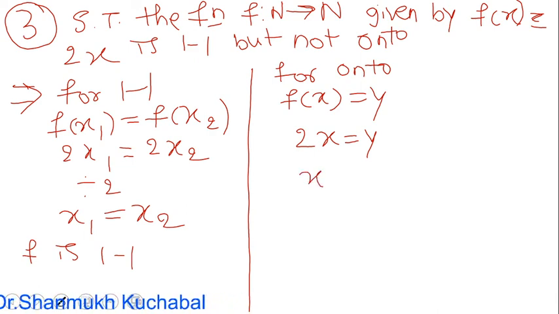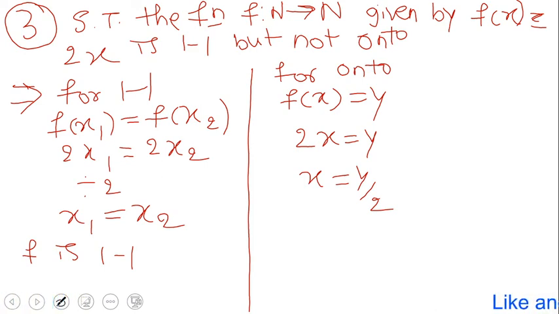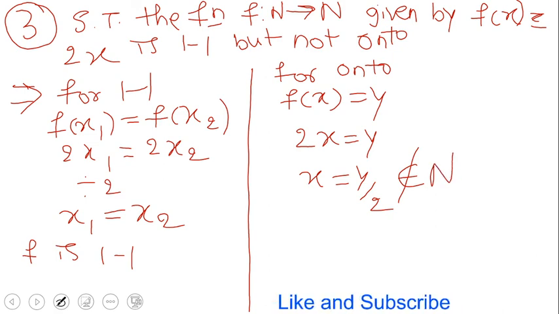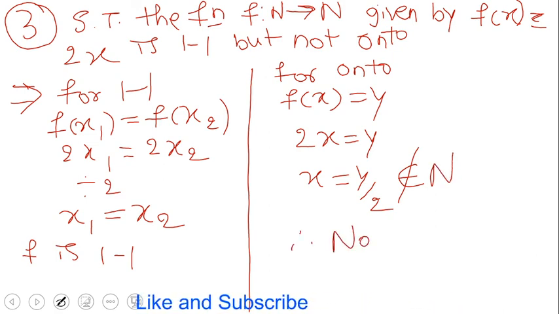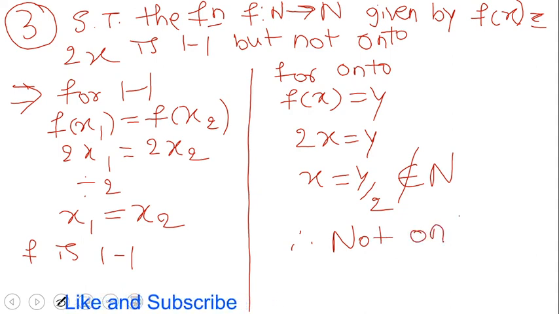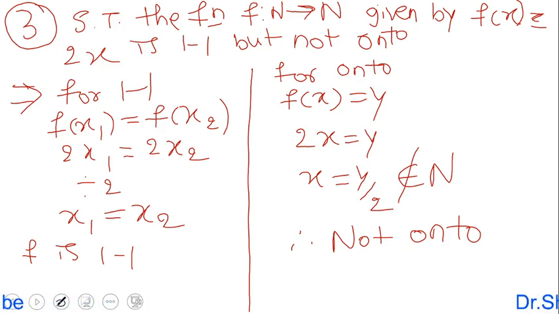So x equal to y divided by 2. So we will observe that if y is an even number, then it belongs. Suppose y is an odd number, say 3, then 3 by 2 does not belong to the set of natural numbers. Therefore not onto. Therefore it verifies that the given function is 1 1 but not onto.